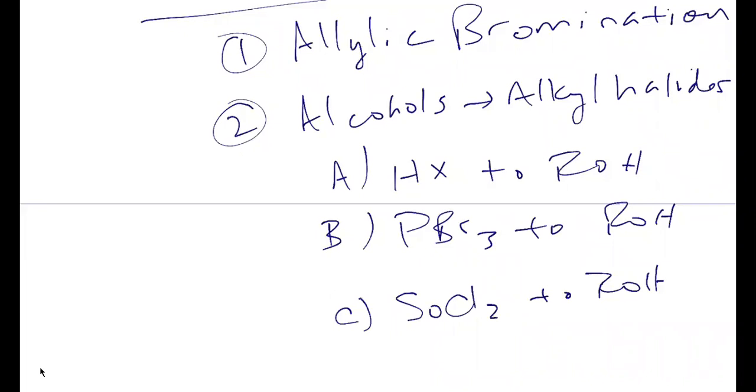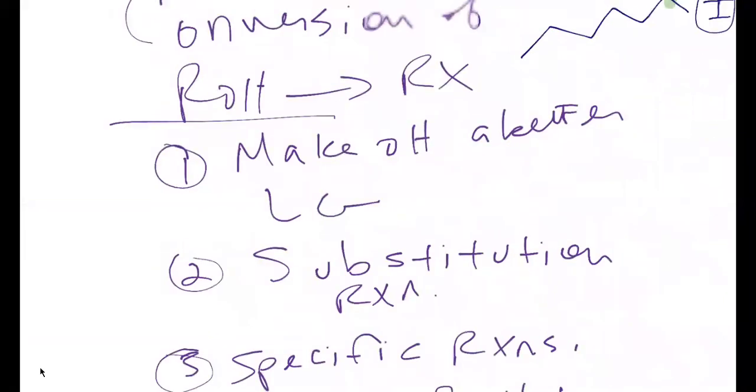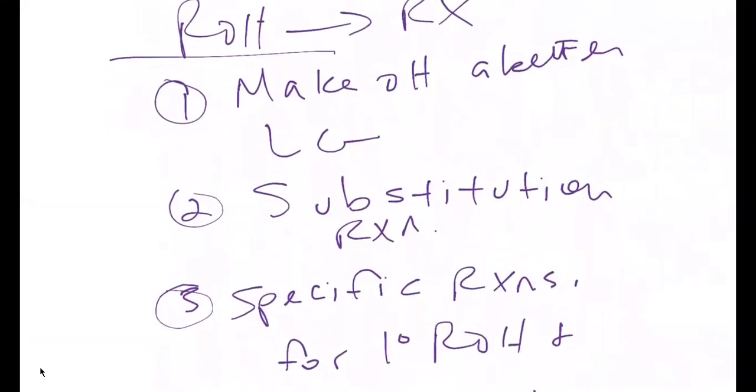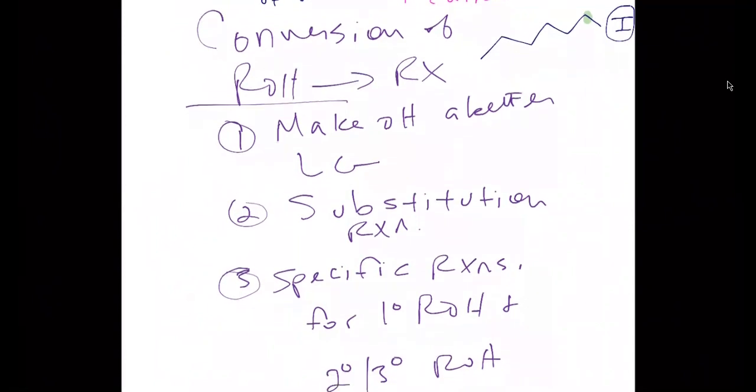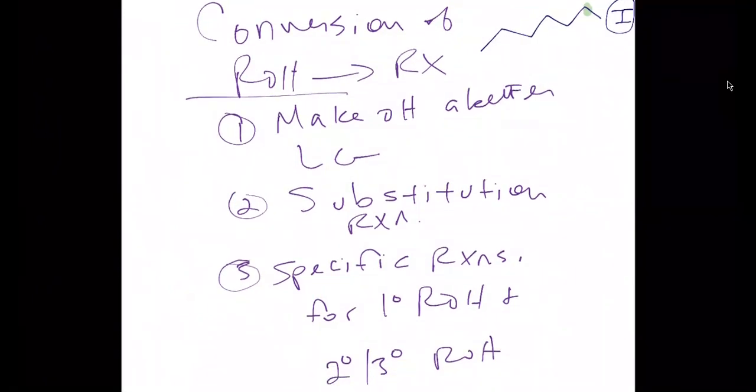You go to the other part where you made a list. It was in the beginning. Right here. Yes. So we were talking about using the alcohol as a precursor to an alkyl halide.